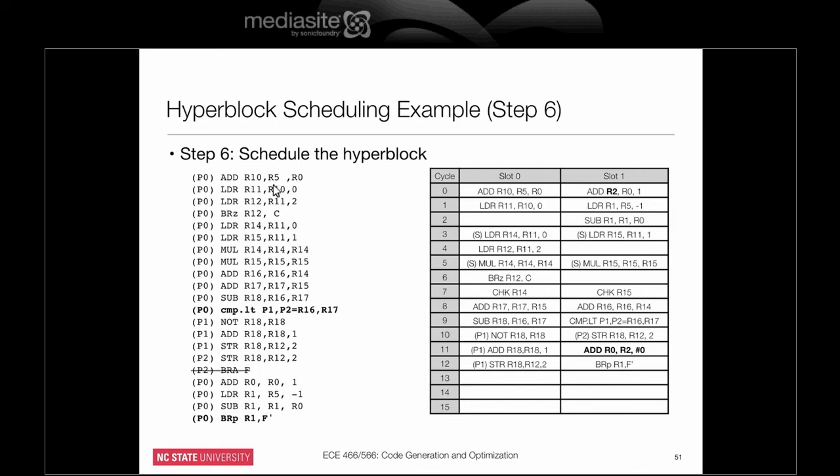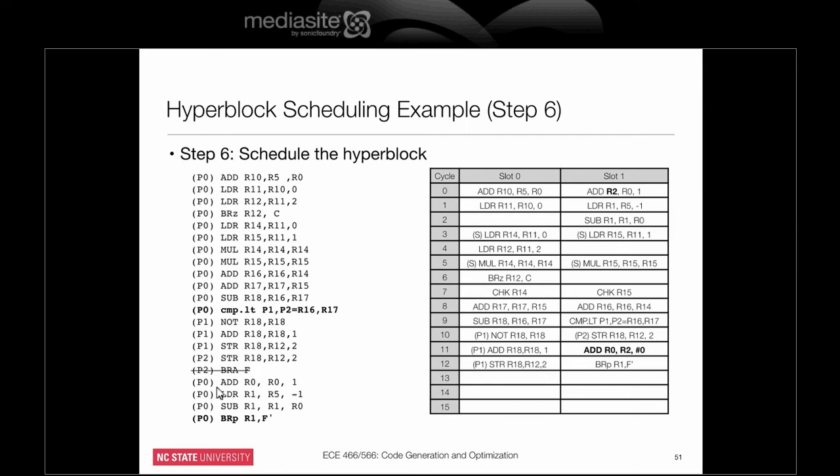And then what we do is we take these instructions with these predicate values and we cycle schedule it as aggressively as we can while being sure to perform any code compensation that has to be done. Okay, so I think I cycle scheduled this correctly. If you spot some error, please let me know. But I just took this code and I cycle scheduled it on a 2-wide VLIW.